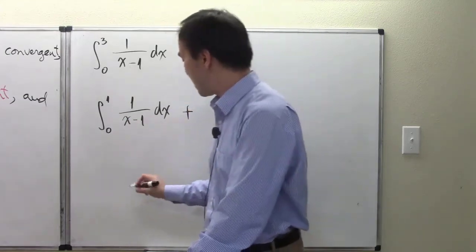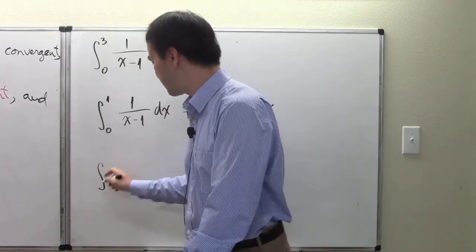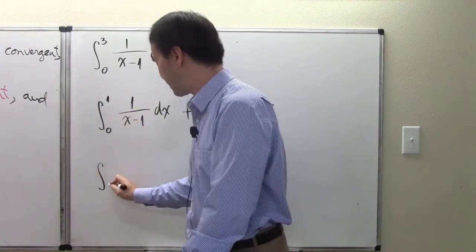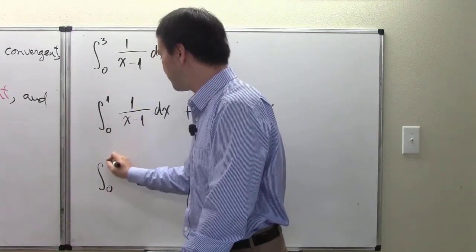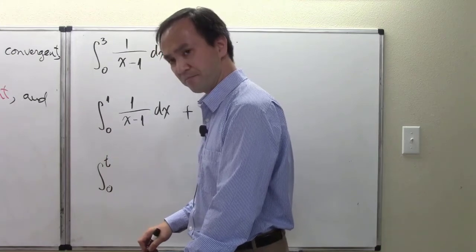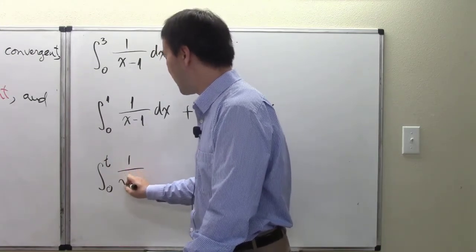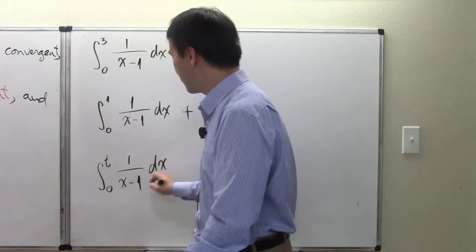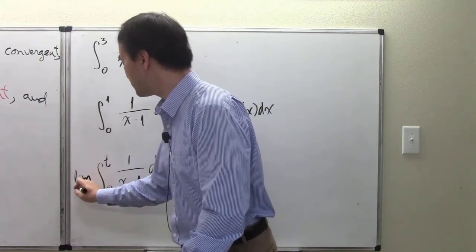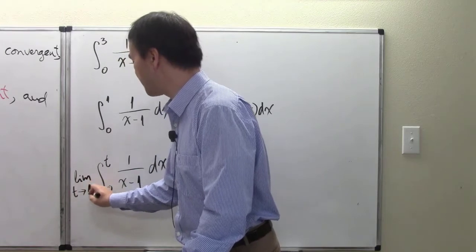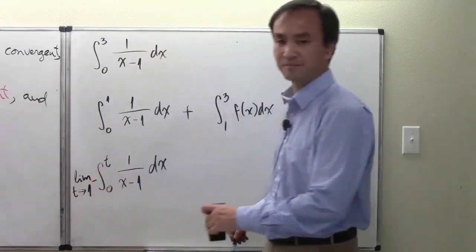Okay, so here is how I'm seeing it. I wrote that down, but I can even further tear this one apart, and I'm going to produce an integral from 0 to t, just like how we did in the earlier example. The function here is 1 over x minus 1, and here I'm going to let t approach my upper end from the left-hand side.